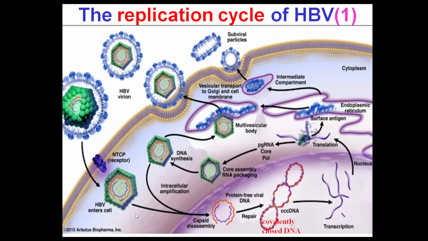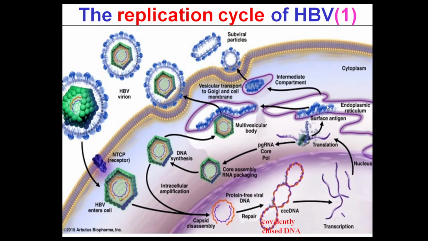So from this we see, my dears, that by budding through the endoplasmic reticulum membranes, the viruses obtain the surface glycoproteins, and then they are released into the environment by exocytosis.